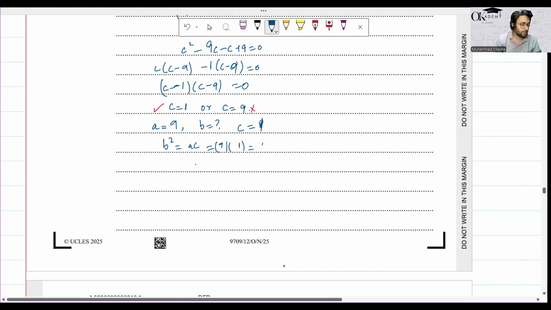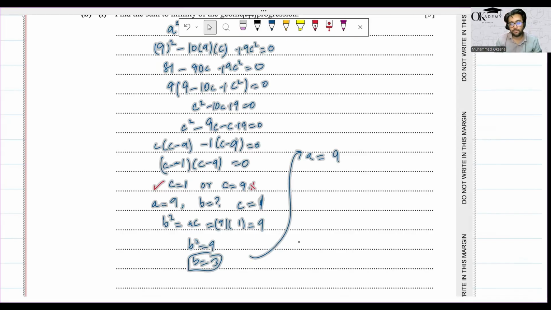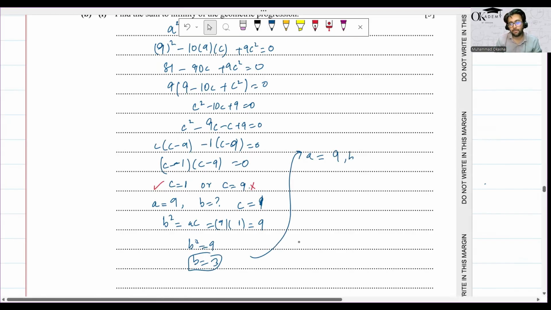So b squared is 9, b equals 3. I have all the terms. The first term of the progression is 9. It was given. We just worked out b, which is 3.